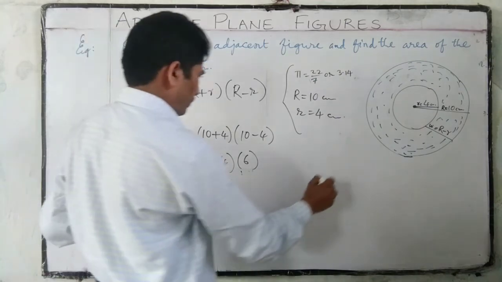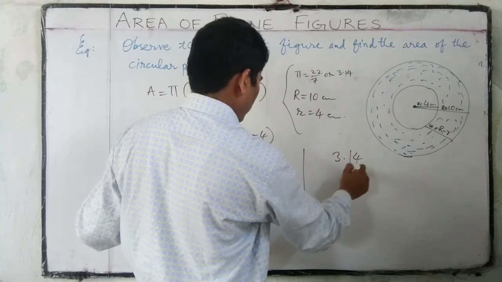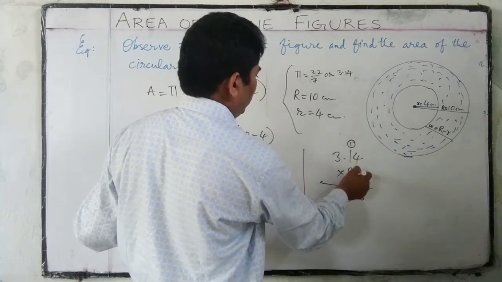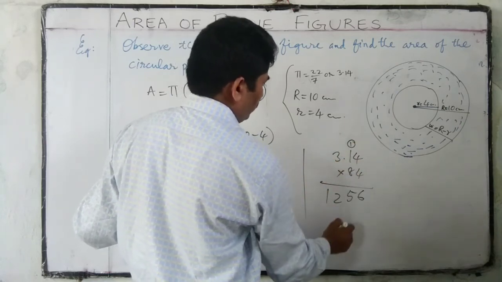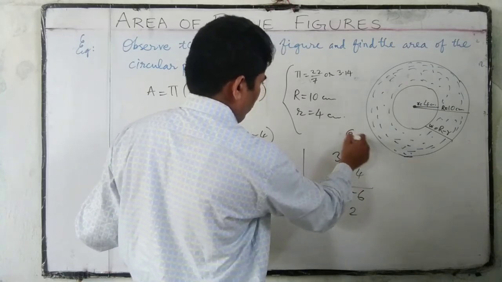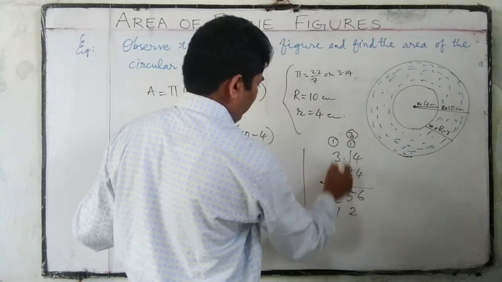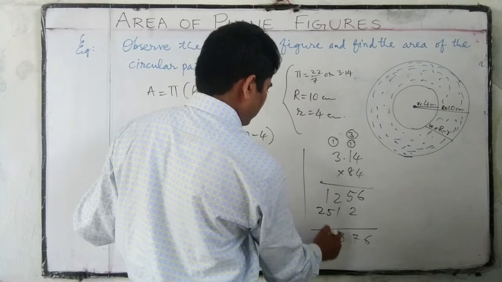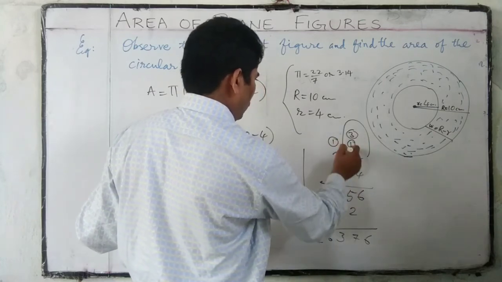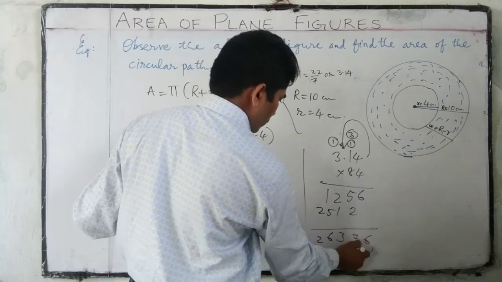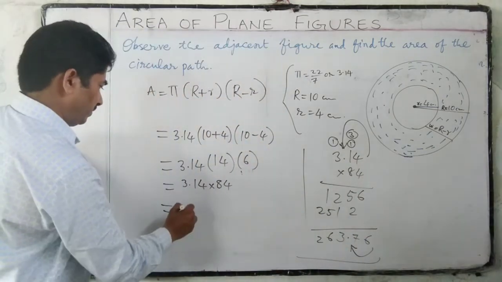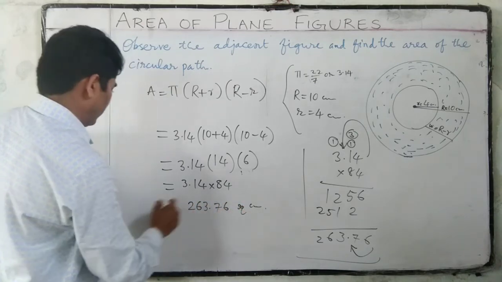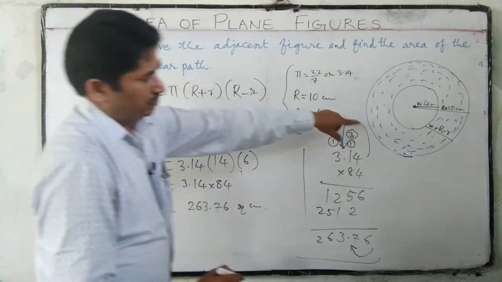We have to multiply this: 3.14 into 84. 4 4s are 16, 4 1s are 4, 5, 4 3s are 12, 8 4s are 32, 8 1s are 8, 11, 8 3s are 24, 25. We have to keep 2 decimal places. So 263.76 square centimeters. This is the area of the circular path.